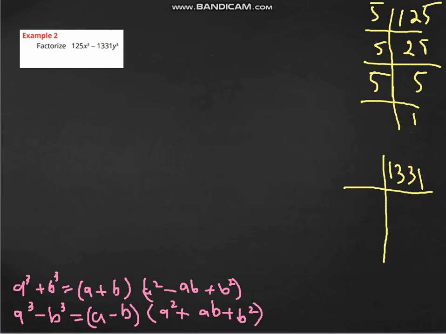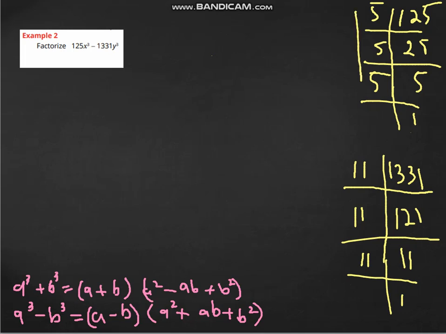Okay, so 11 times 121 would make 1331. Then 11 times 11 would make 121, and 11 times 1 would make 11. Which means the cube root of 125 is 5, while the cube root of 1331 would be 11.